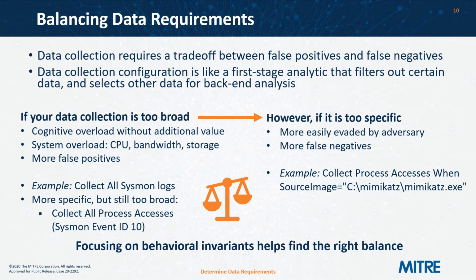For example, configuring a sensor to only collect process access events when the source image is exactly one specific path to an executable would be brittle to an adversary changing the name or location of the executable they use. It helps to keep the data collection strategy focused on behavioral invariance. Doing so helps optimize collecting robust events associated with the behavior without some of the lower value events.